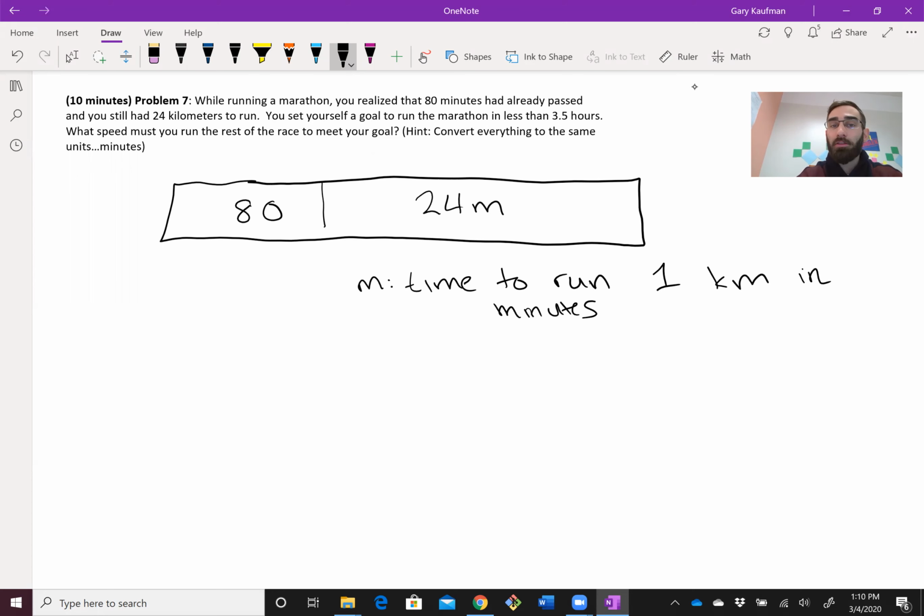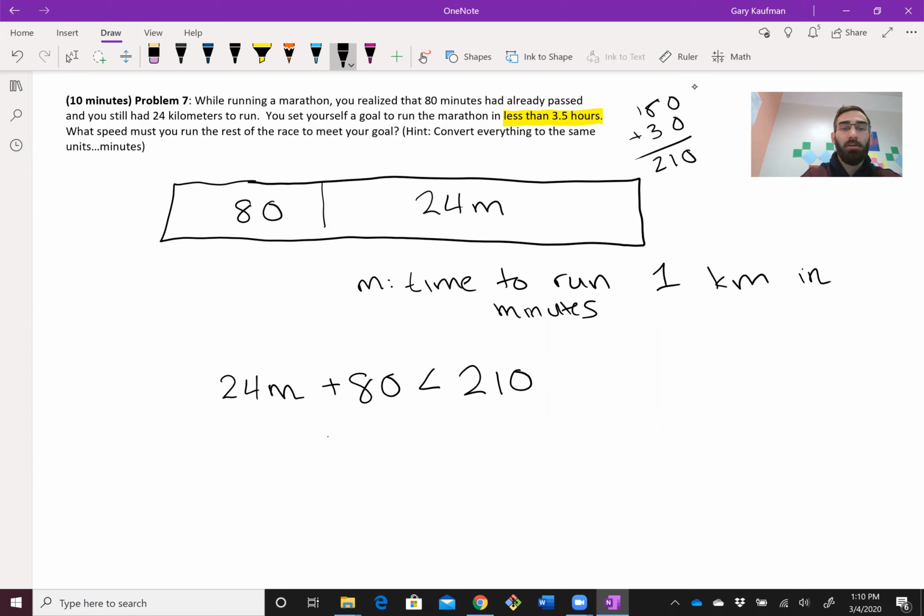Now our goal is 3.5 hours, to be less than 3.5 hours. Well, I need to turn those into minutes first. So 3 hours is 180 minutes. Half an hour is 30. So we have 210 total minutes. So my inequality is 24m plus 80 is less than 210 minutes. That's our goal.